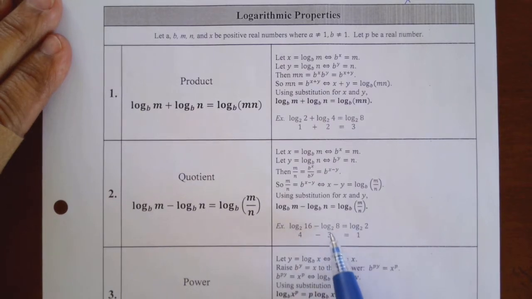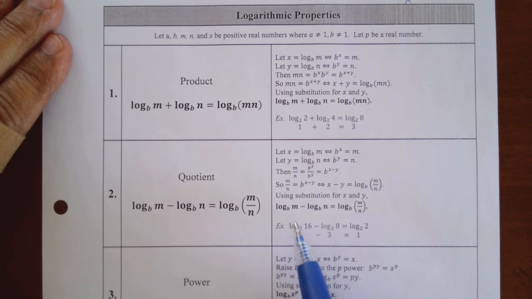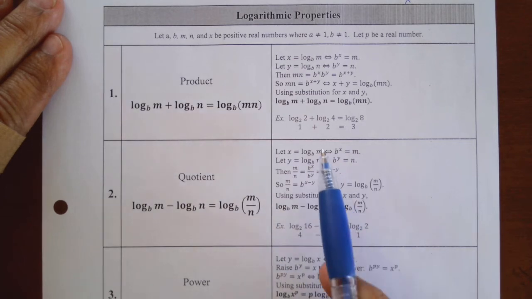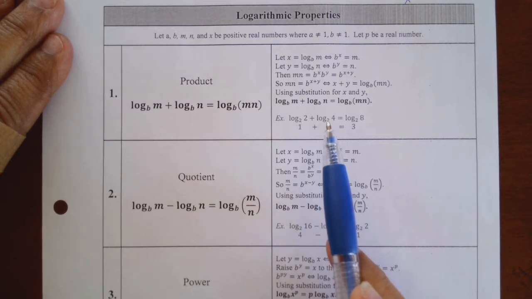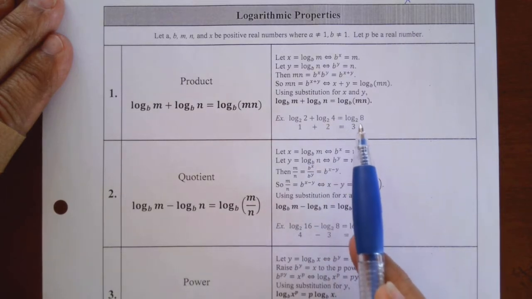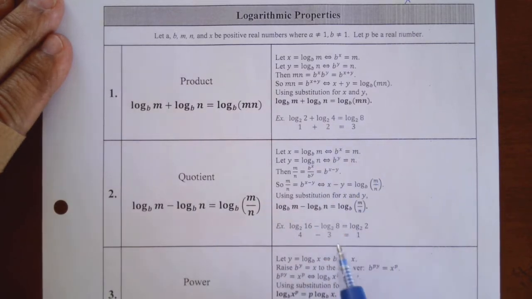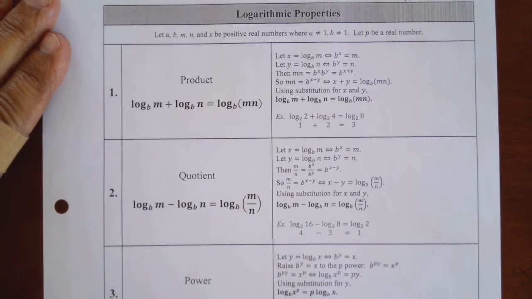You have two logs together that are subtracted. Remember, to do the property, each log that's being added or subtracted has to have a log with it, okay? As long as that's true, then you can condense it down to one log being multiplied, and down here, one log you're going to divide. So 16 divided by 8 is 2, okay? And again, that's the rule for the exponents.